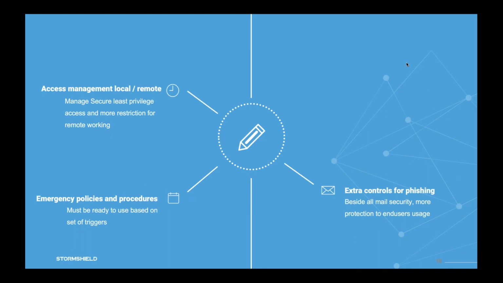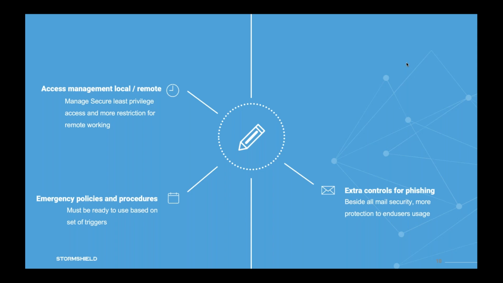When it comes to access management, local and remote, it's not only to identify who can access what, which is very, very important, but at the same time to provide secure access. So people who are connected over SSL VPN or IPsec VPN, for example, to the corporate network, should also be filtered, not only saying, okay, he has authenticated, he has the right to access the server, but also they should not be treated as if they are coming from a local network.